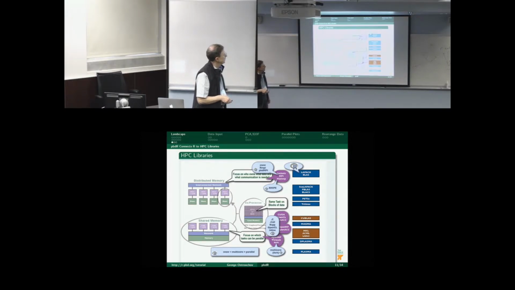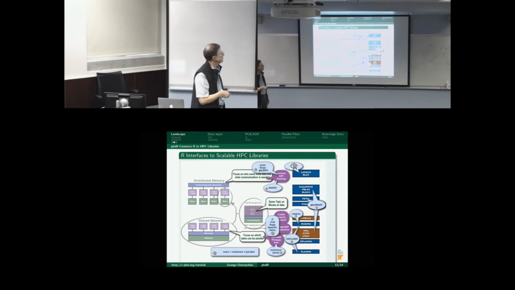R has been connected to LAPACK and BLAS for a long time. One of the things behind the pbdMPI development was to begin looking at these other libraries and start to connect R to all the work that has already been done.